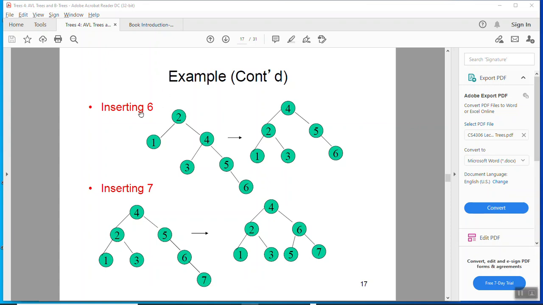Now when we insert 6, 6 is greater than 5, so it will go to the right side of 5, right? At this point let us check the balance factor of each node. This has balance factor 0, this has 0, this has 0, and this has balance factor 0 minus 1, equal to negative 1.